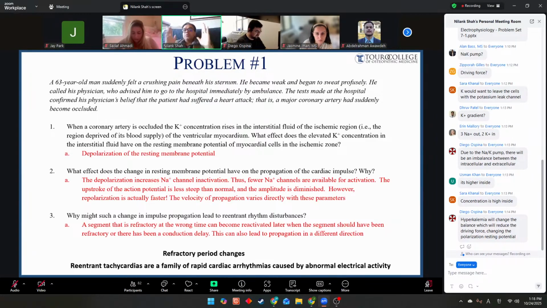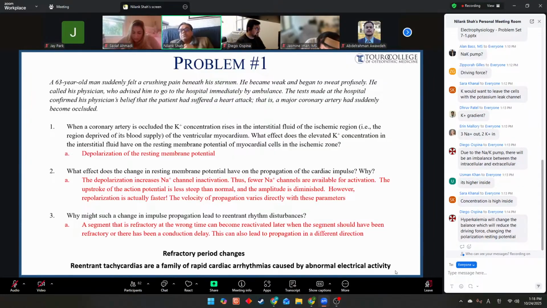So let's break it down step by step. Now, as Diego said very correctly, what are the consequences of hyperkalemia step by step? What is the effect of hyperkalemia? What will hyperkalemia do to the excitability of the excitable cell, or how will that change the resting membrane potential? What is the mechanism?